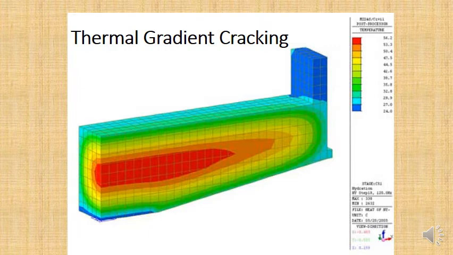You don't want shrinkage cracks forming in your dam. But the other reason is it lowered the heat of hydration, so thermal gradient cracks could not emerge. And it's a very common thing actually for dams. They will often be made out of Portland pozzolan cement for that reason, for reducing thermal gradient cracking and for reducing shrinkage cracking. More on the shrinkage later.